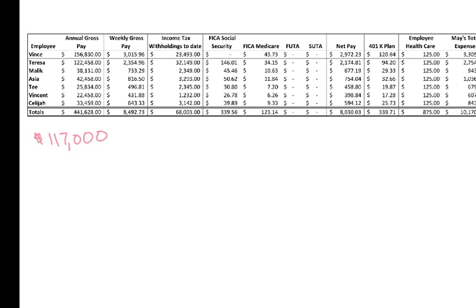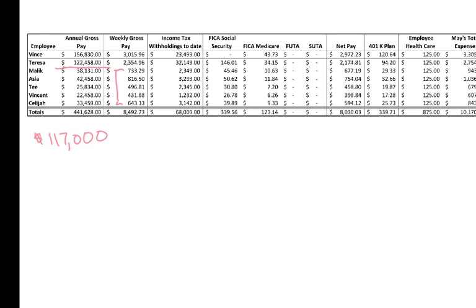Clearly, if you're looking at individuals' annual gross, everyone below this line here, so between Teresa and Malik, makes under the $117,000. So their current gross pay, weekly pays, would be taxed, right? So all these individuals. However, here's the thing: Teresa's annual gross pay is $112,458.